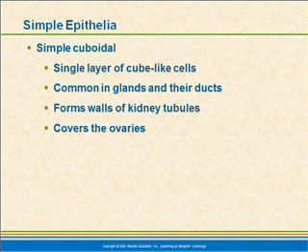Now, simple cuboidal is a single layer of cube-shaped cells. These are common in glands and in ducts. They form a big part of kidney tubules, and when we look at these in lab, the examples that we have are going to be taken from kidney tubules. They also cover the ovaries.